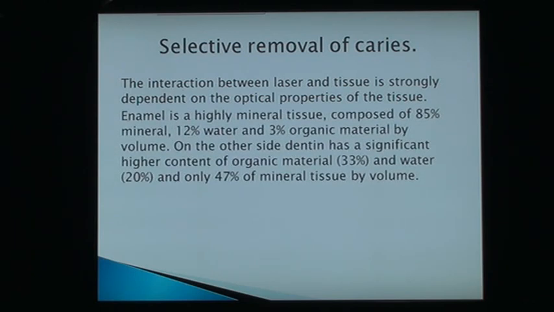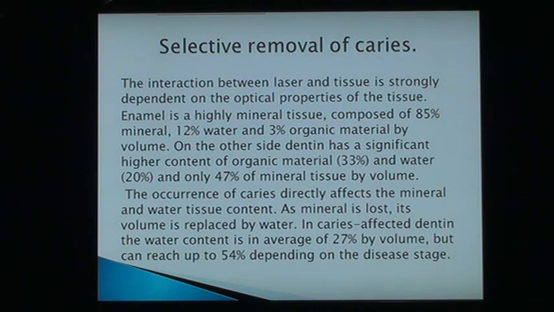Enamel is highly mineral tissue, composed of 85% mineral, 12% water, and 3% organic material by volume. On the other side, dentine has a significantly higher content of organic material, which is 33%, and water 20%, and only 47% of mineral tissue by volume.